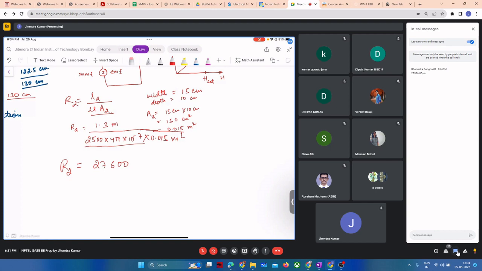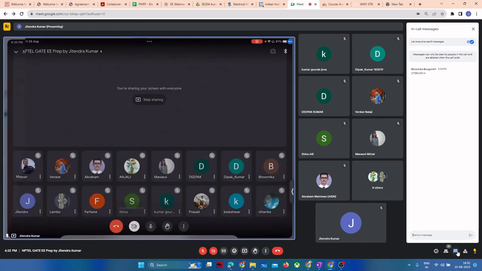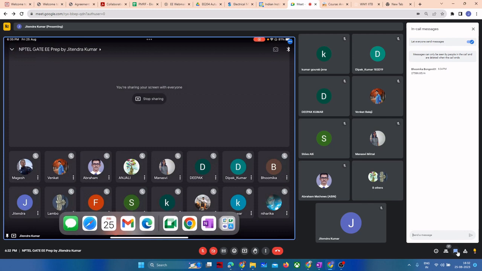I think Bhumika has already computed that value. Yes, you are very close. You have commented 27,586 per meter. Per meter, I would not say it is the correct unit.